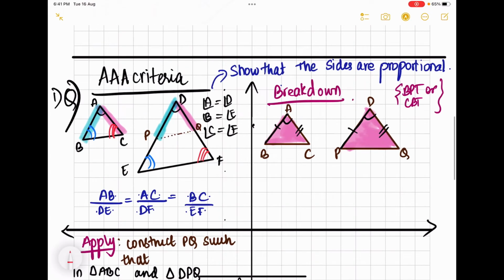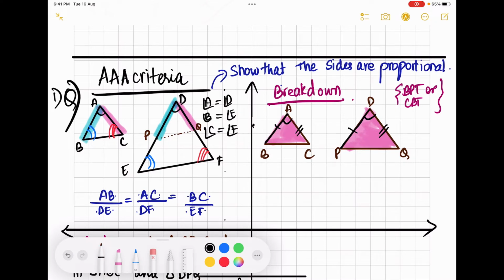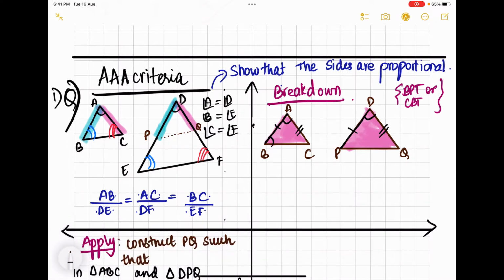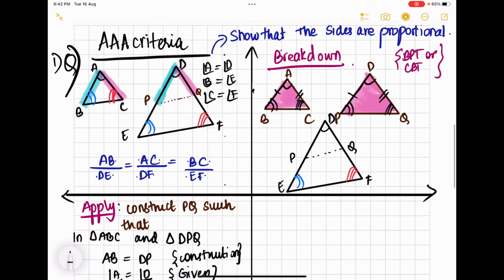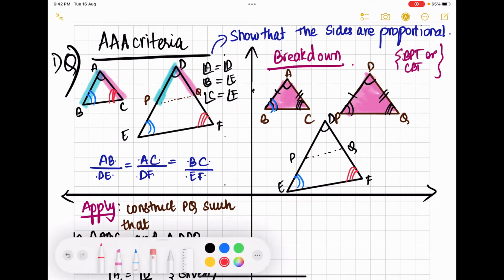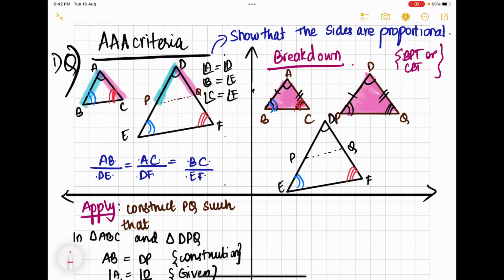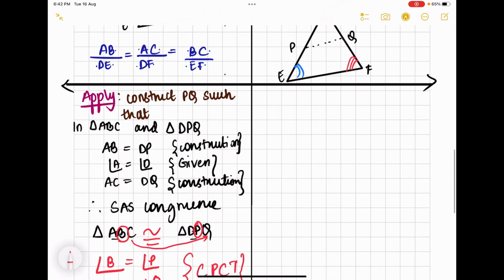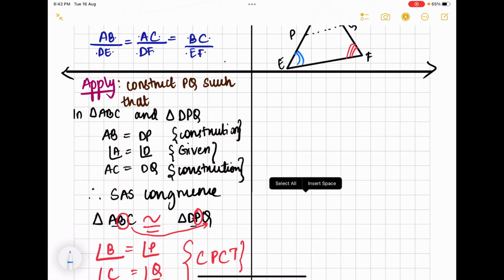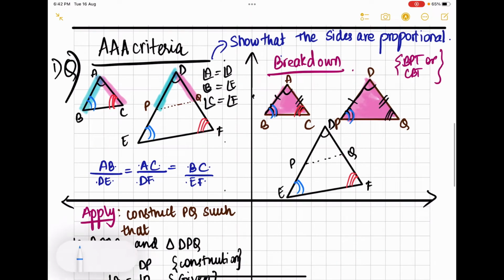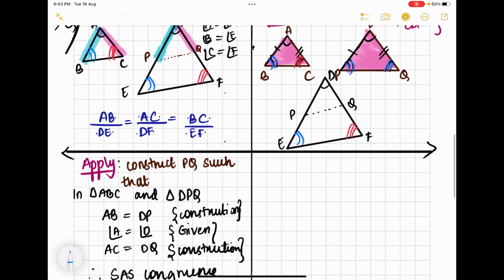Next step, let's see where this could be useful. We got that this angle is equal to this angle and this angle is equal to this angle. But we already know that angle B is equal to angle E and angle C is equal to angle F. And by CPCT, we got angle B is equal to angle P and angle C is equal to angle Q.